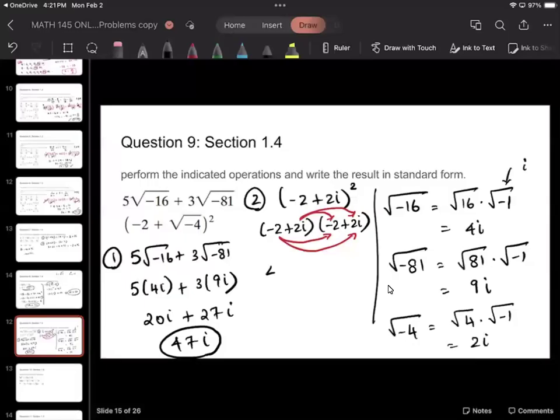Negative 2 times negative 2 is 4 minus 4i minus 4i plus 4i squared. Okay, but what is 4i squared? You know that i squared is negative 1. So 4 times negative 1 is negative 4, right? So that means the positive 4 and the negative 4 get cancelled out. So what are you left with? You're left with negative 8i.